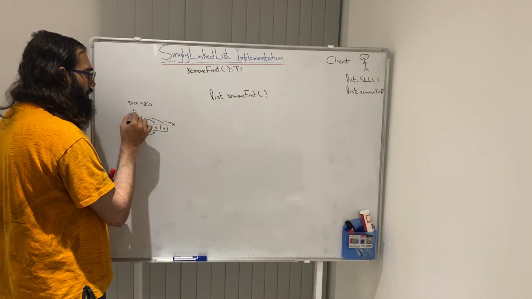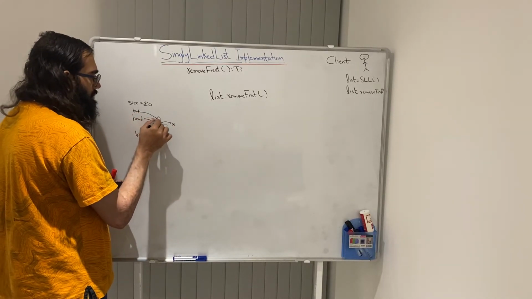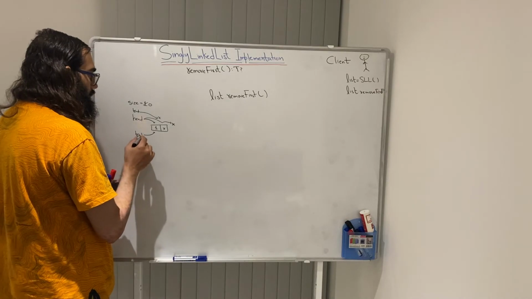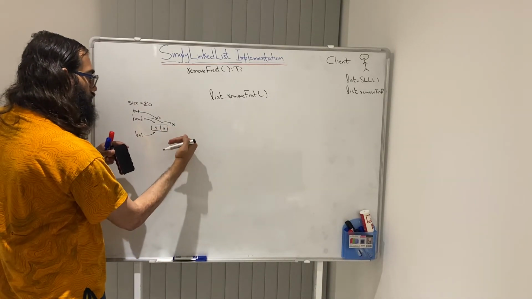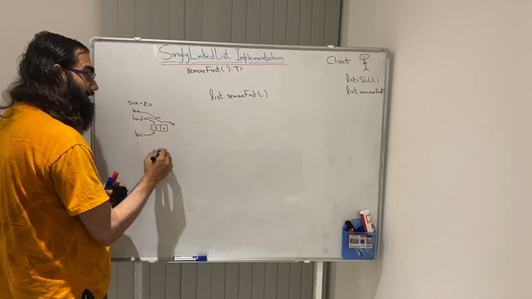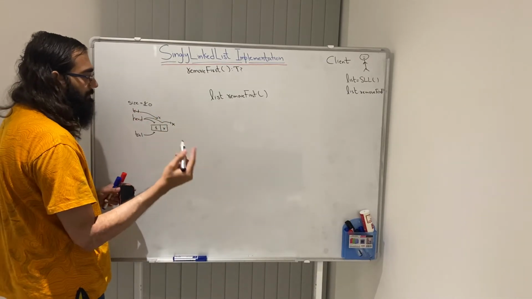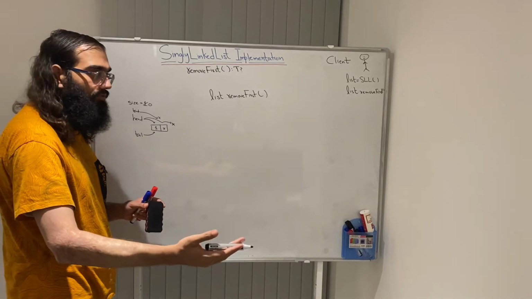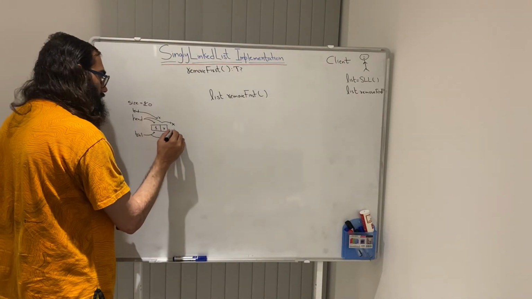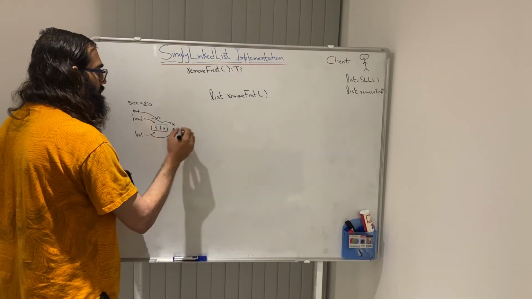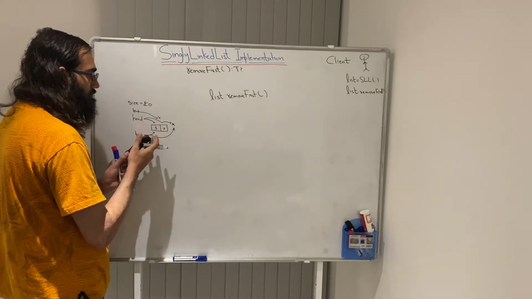Then we have a temp which is also null. Then we come to the code where we write if is empty, then do tail equal to null. So now is it empty? Yes, our empty method is size equal to 0. So tail is also going to be null, and then we will return 1, and this is done.